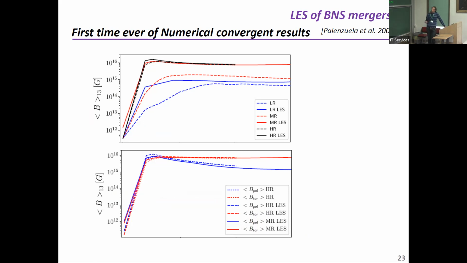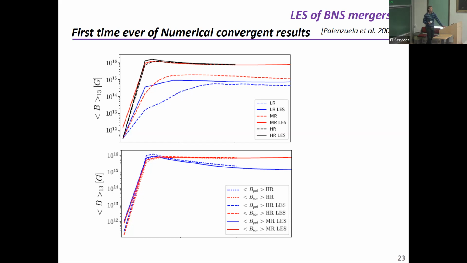Focus first on the dashed lines, which are without using the subgrid scale model. You can see a big difference between the blue, the red, and the black. Again, as you increase the resolution, the average magnetic field gets higher and higher. Now, focus on the red one using large eddy simulation, so implementing the subgrid scale model. That coincides basically with the amplification that you get in the high resolution one.